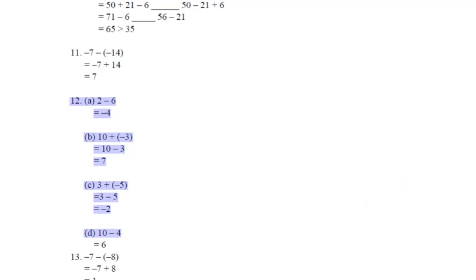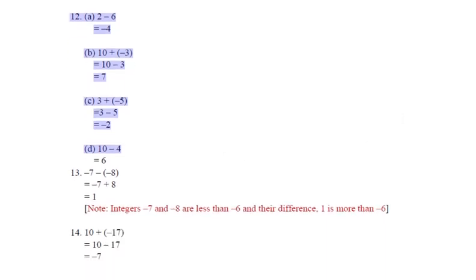Now in question number 13, it's mentioned that write two integers whose difference is more than minus 6. Difference, which means minus. When you subtract these two numbers, the answer should be more than minus 6.